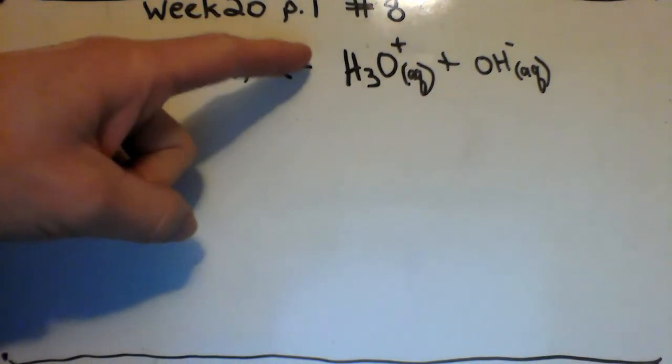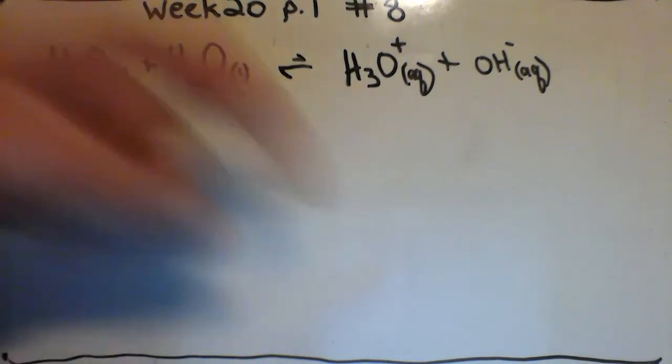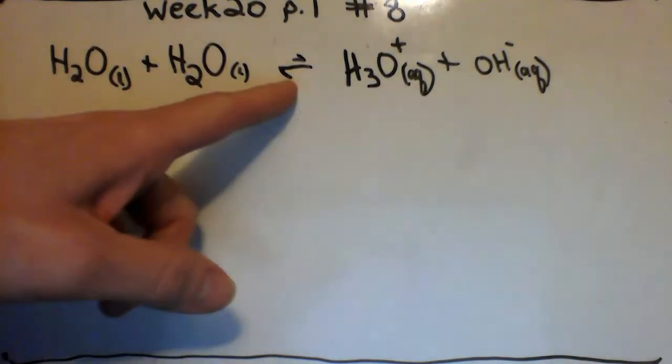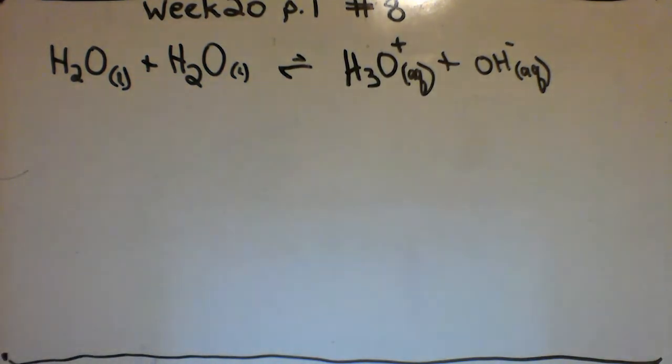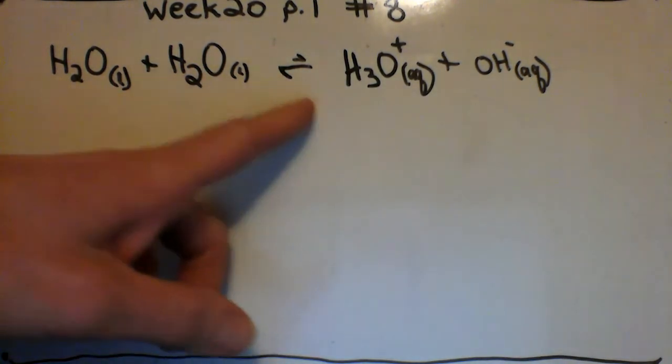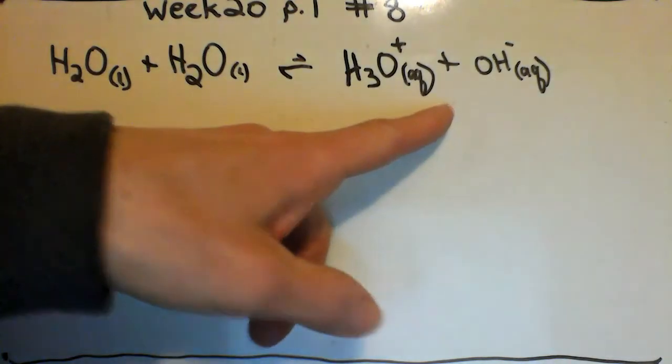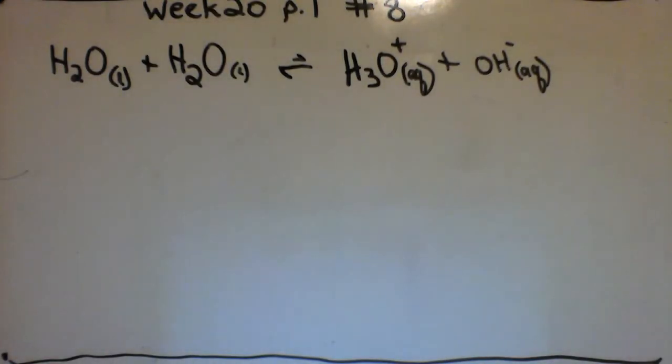We have a very little arrow pointing in the forward direction and a larger arrow pointing in the reverse direction, just to show that very little of this actually happens, but a small amount does, and so we have to take it into account when we do different types of chemical analyses and reactions and all sorts of chemistry.